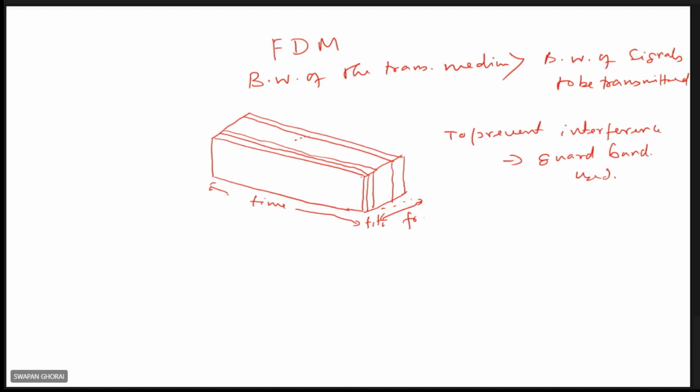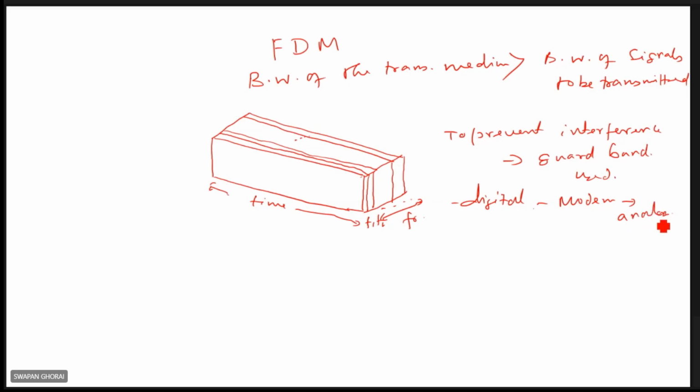Sometimes input signals can also be digital signals, though it is analog signaling. But in case it is digital, suppose the data is from a computer, so that is a digital signal. That can also be used for FDM by passing it through modems. Using modems, that can be converted to analog signals, right?